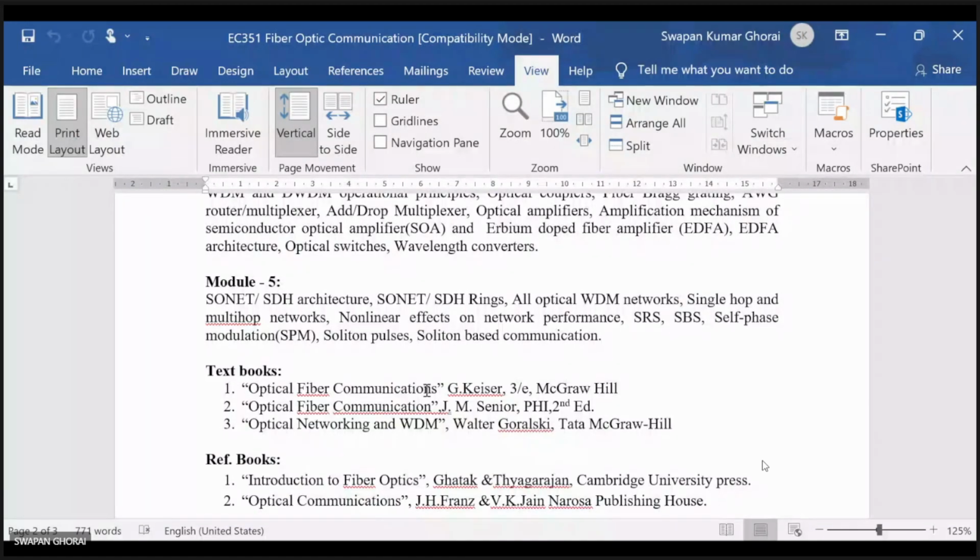Two editions are there for Keiser. Senior also is there, most important. For networking, Goralski is important, but mostly you will follow Keiser. If the two editions of Keiser are considered, they will cover more than 90% of this syllabus.